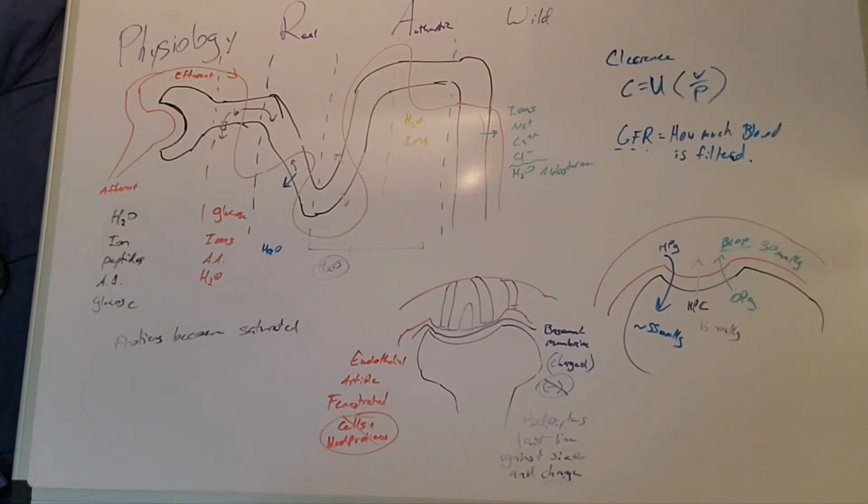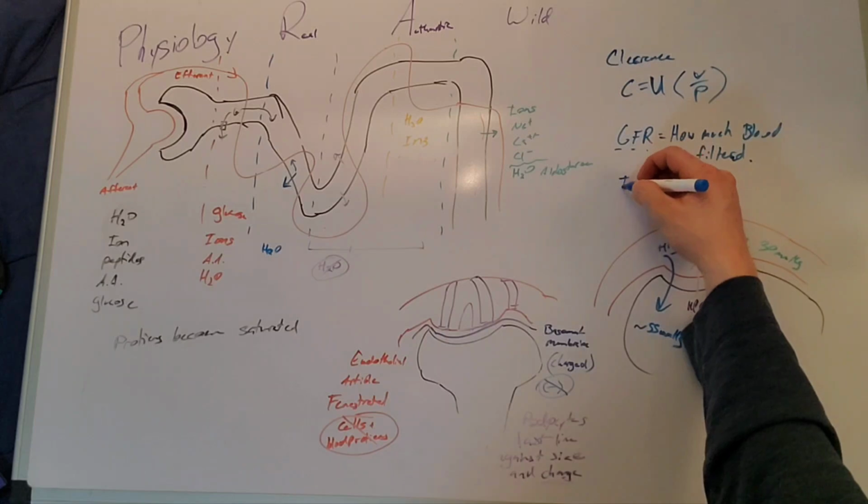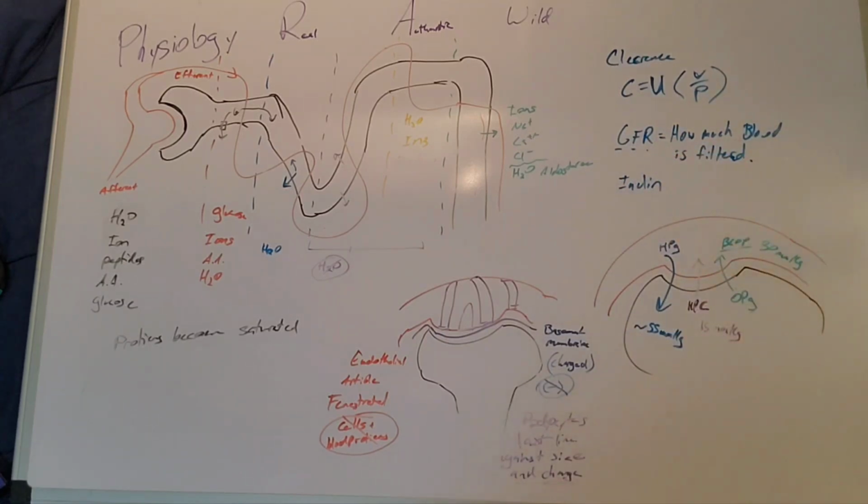A good substance to measure GFR is inulin. This doesn't get reabsorbed, secreted, degraded, or metabolized by the kidney. So we could test that, and we can see how well the kidney's doing. And I think that is the end for that one. That's all I've got to say.